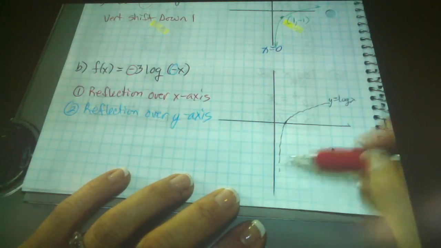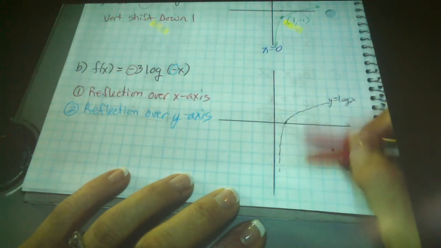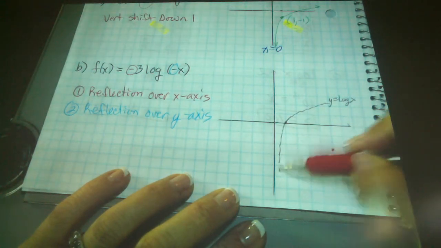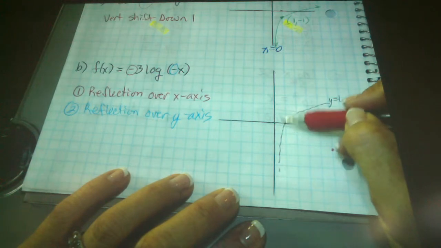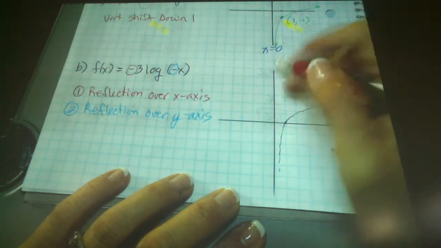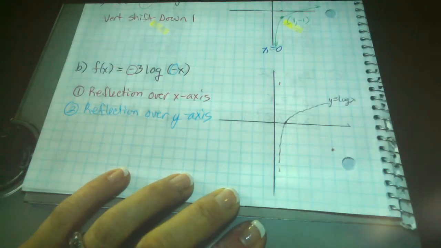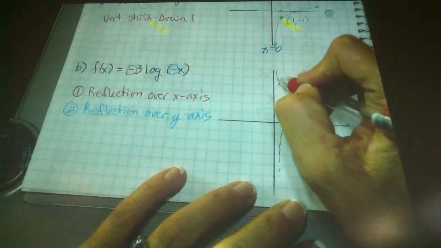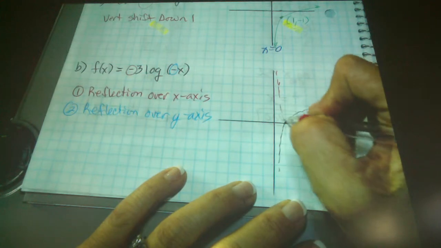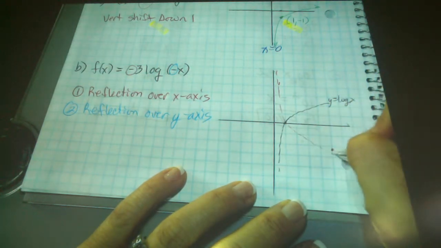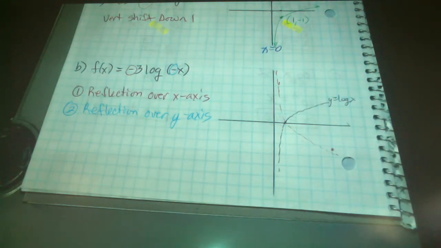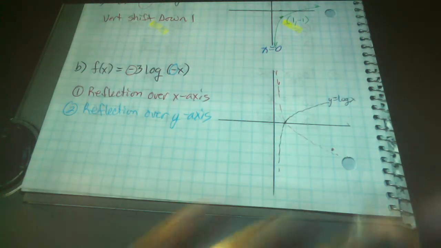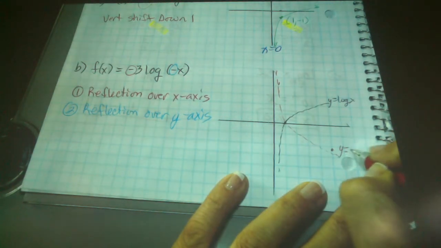But I still want to go through that point. So that means I'm now hugging this asymptote and going through this point. And you see now that that's a reflection. So that is y equals negative log of x.